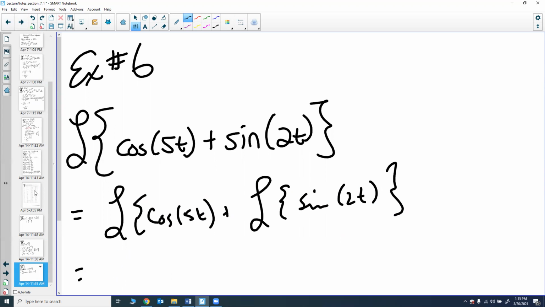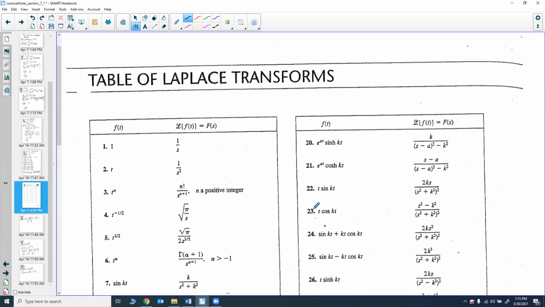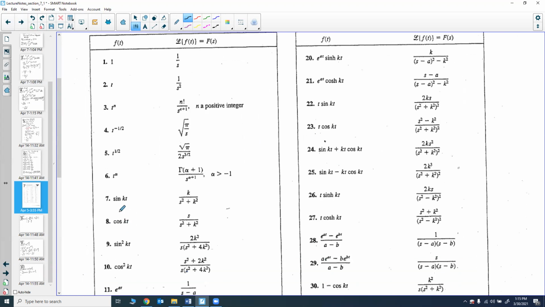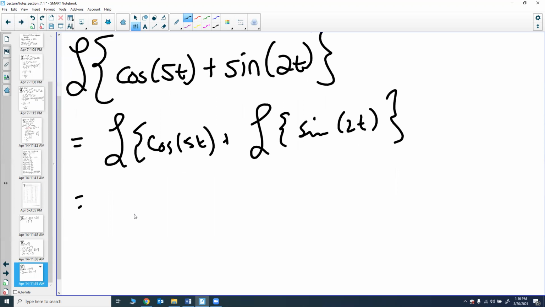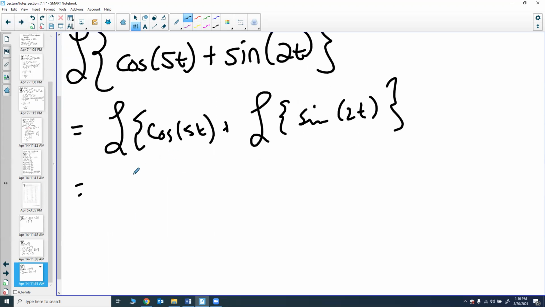Going to my table, the Laplace of a cosine is s over s squared plus k squared. k happens to be 5 in this case, so 5 squared is 25. Then we have the Laplace transform of the sine of 2t.